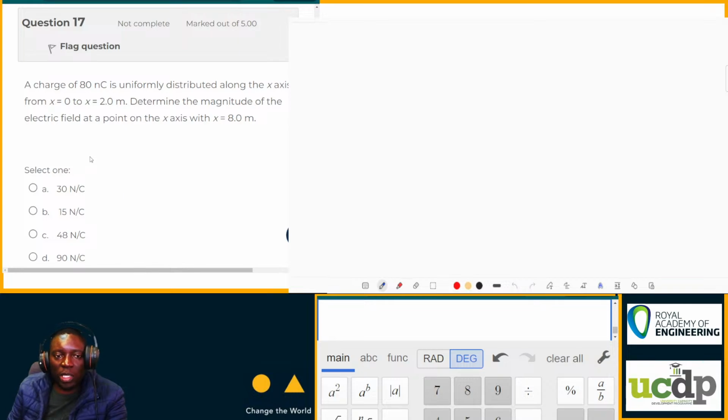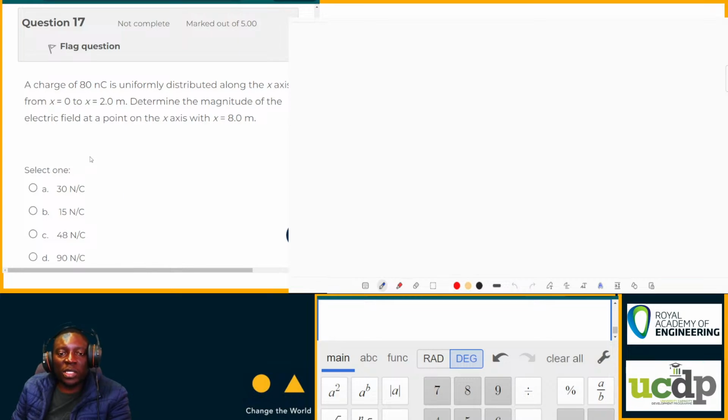But now, when we're looking at a continuous distribution of charge, in this case we have the case simplified because this is uniformly distributed charge. So it means we would have equal segments or amounts of charge contributing to every point from the distribution to the field or to the space surrounding it.